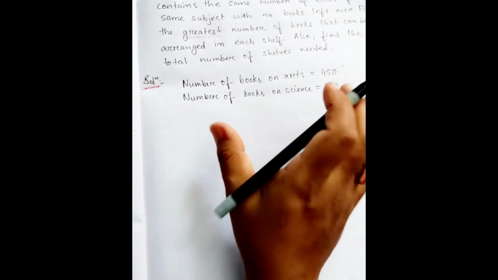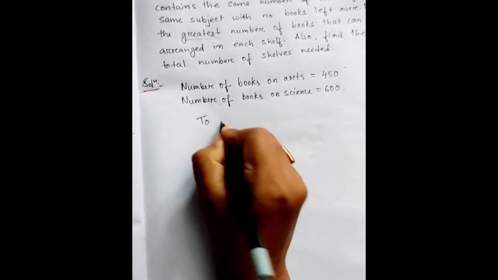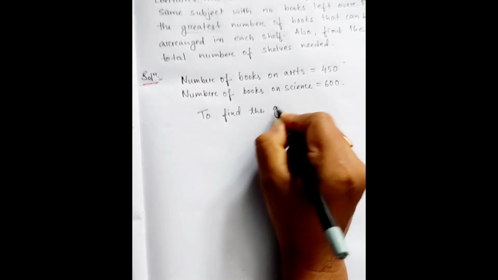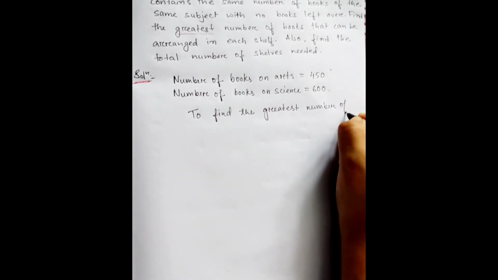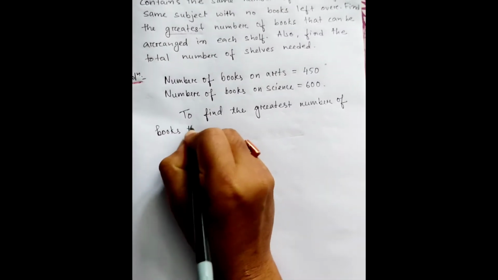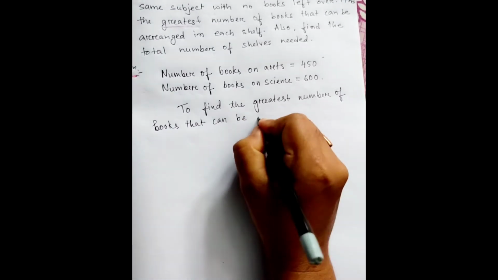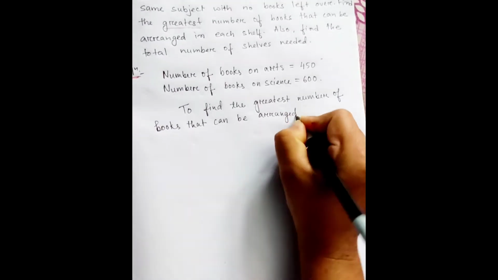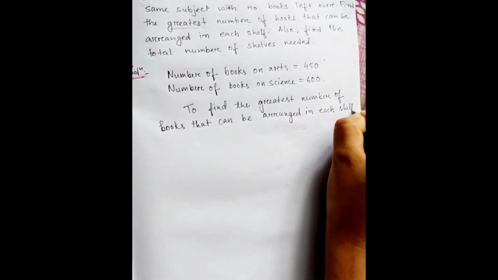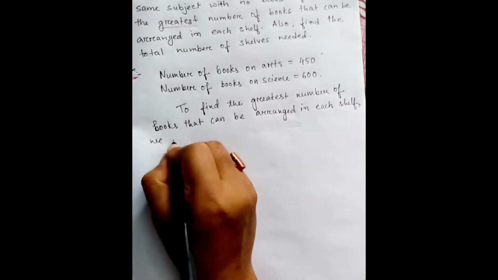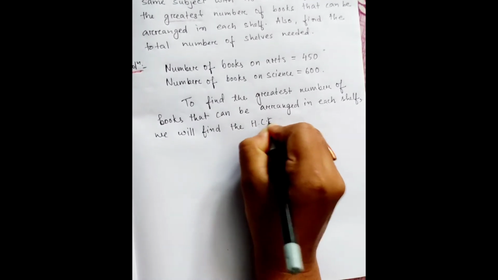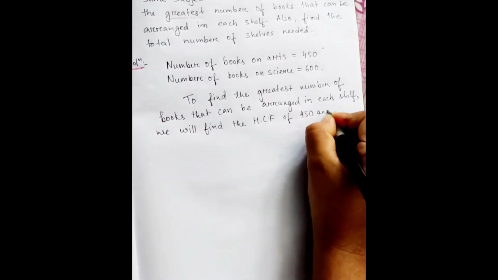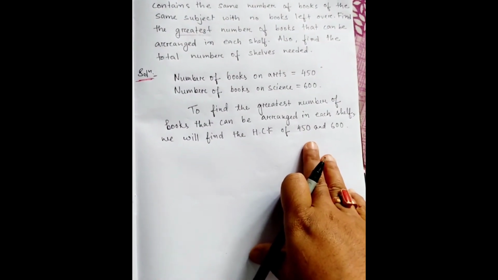Now to find the greatest number of books that can be arranged in each shelf, we will find the HCF of 450 and 600.